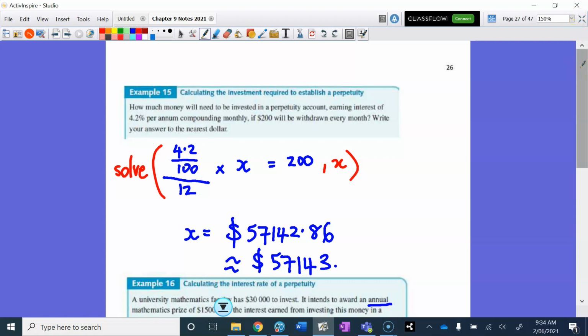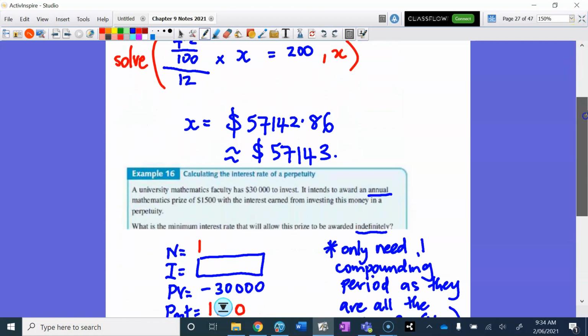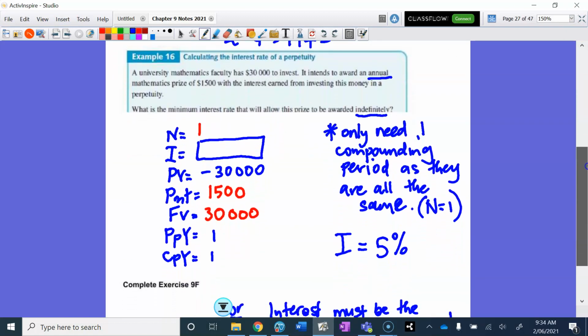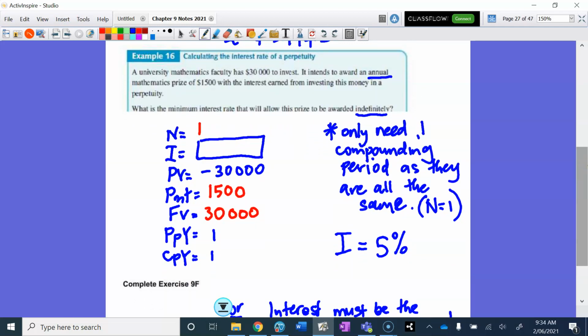We could be asked as well to calculate an interest rate relating to a perpetuity. And you can see there, I'm showing you first how you can use the solver, but I rarely, if ever, use the solver for a perpetuity, but I'll show you that as well because some of you might like this method as well. So in this case, a university maths faculty has $30,000 to invest.